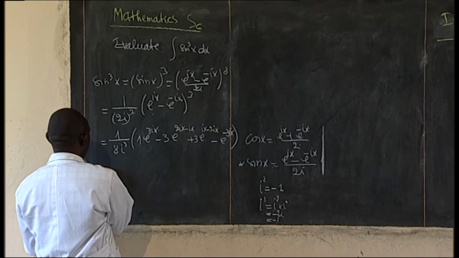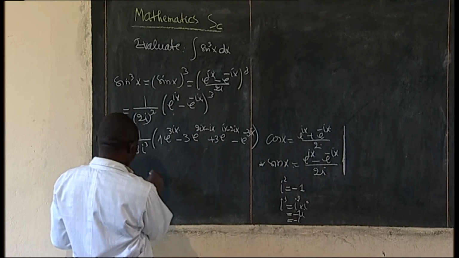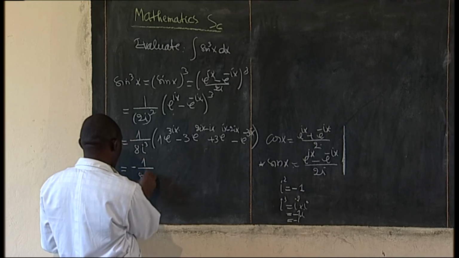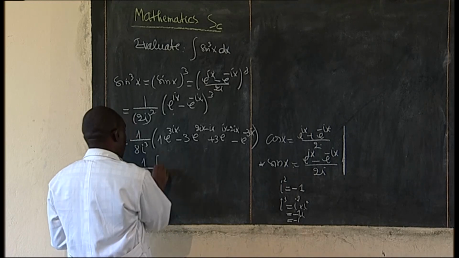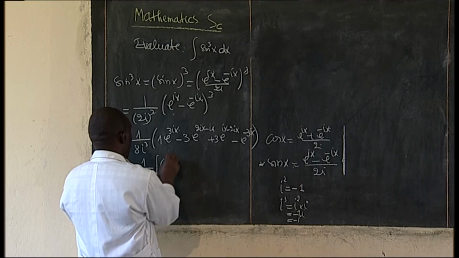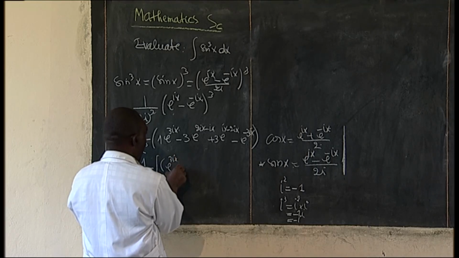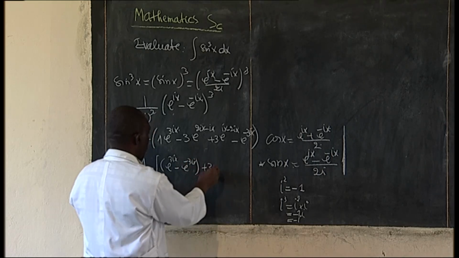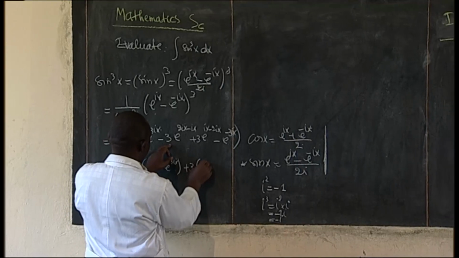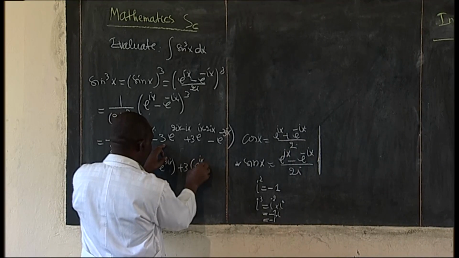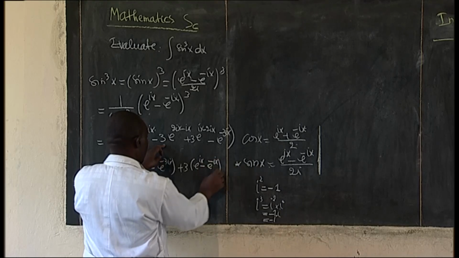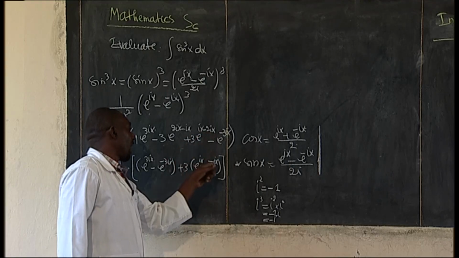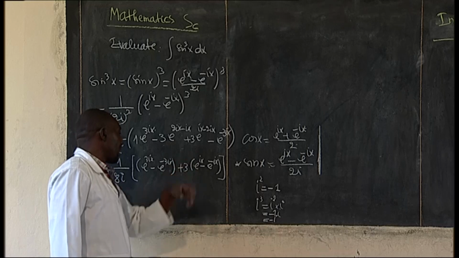So here I have minus 1 divided by 8i times e power 3ix minus e power negative 3ix, then plus 3 times e power ix minus e power negative ix, like that, since ix minus 2ix is minus ix, and 2ix minus ix is ix.